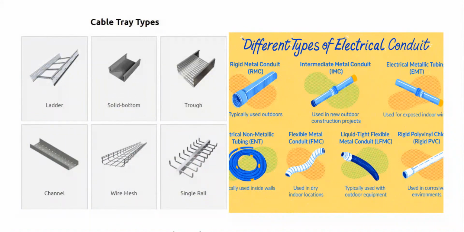So ladder, solid bottom, cross, channel, wire mesh, single rail. These are the different trays which are used accordingly as per the requirement, as per the cost of that particular person.